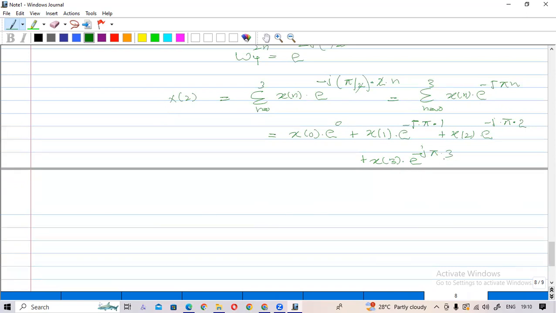This way, 3π. You know x0 is 0, so this will be 0.